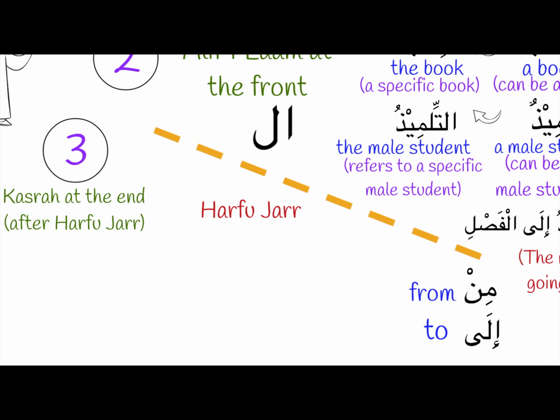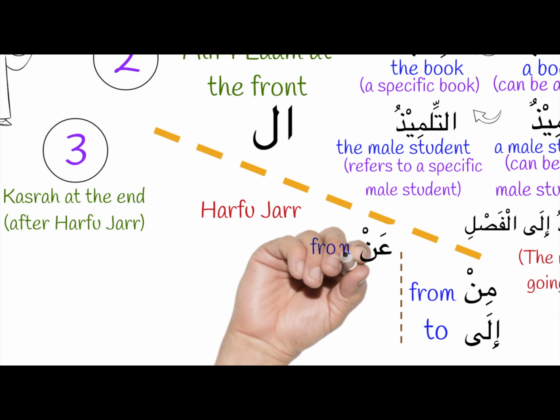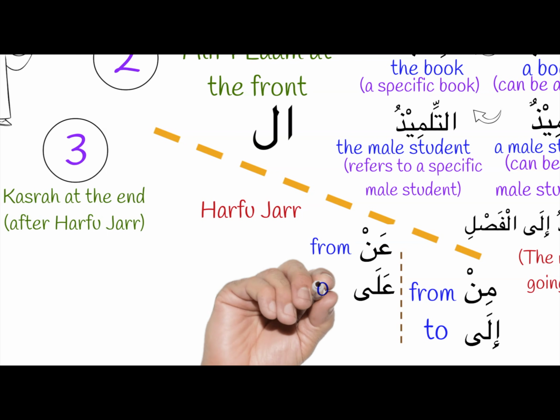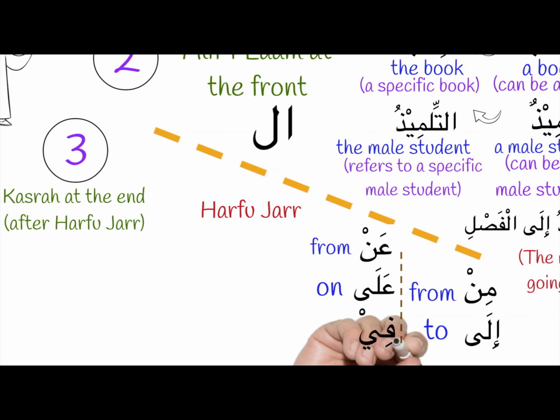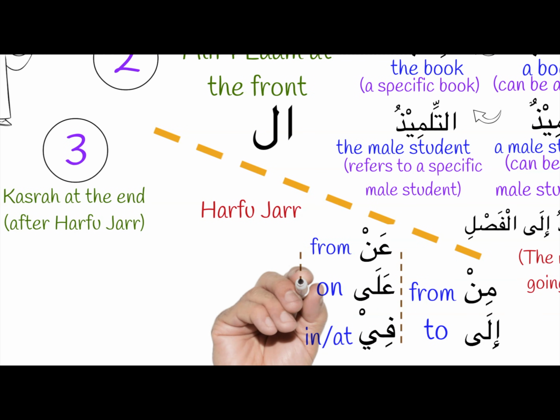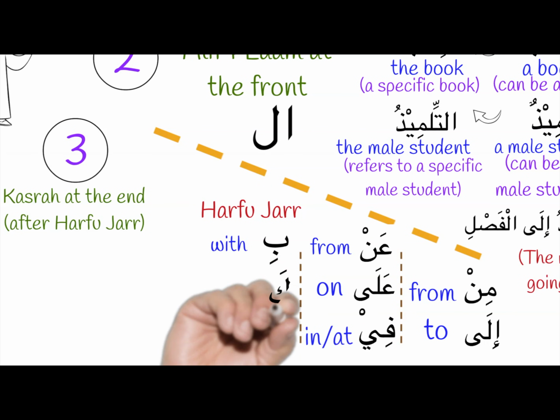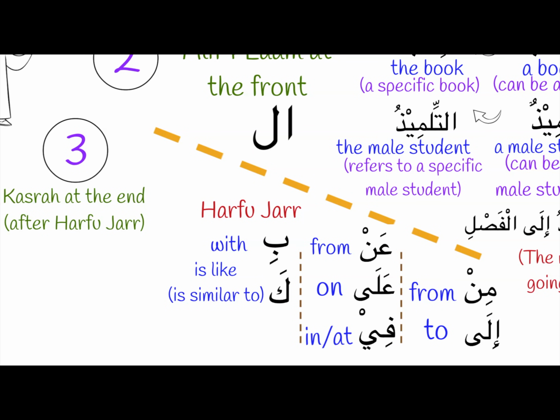Min, which means from, ila, which means to, an, which means from, ala, which means on, fi, which means in or at, bi, which means with, ka, which means is like or is similar to, and li, which means for.